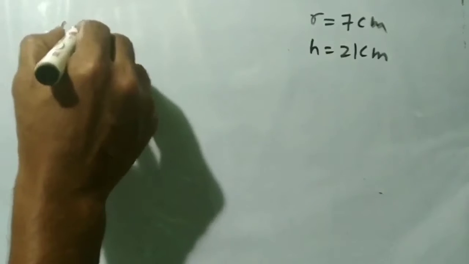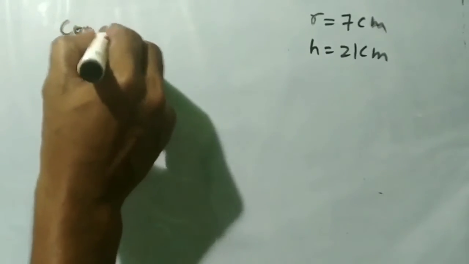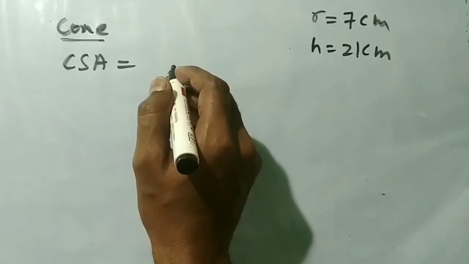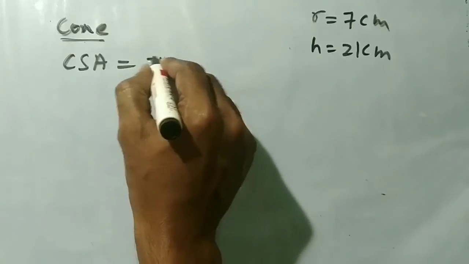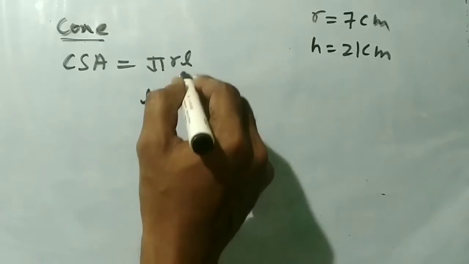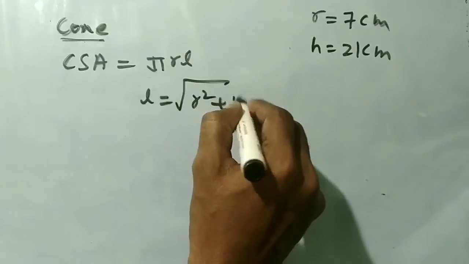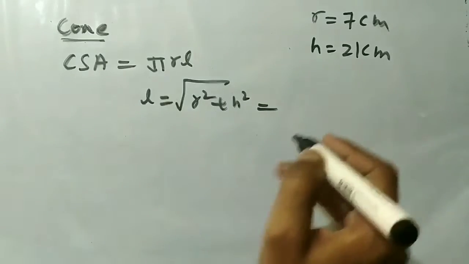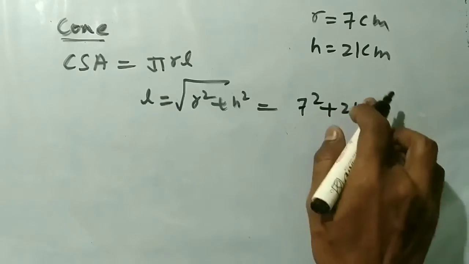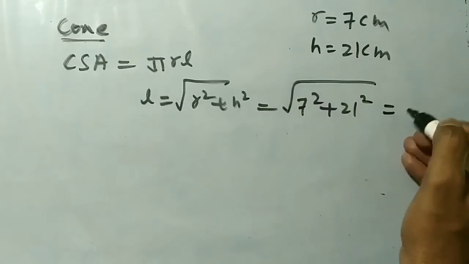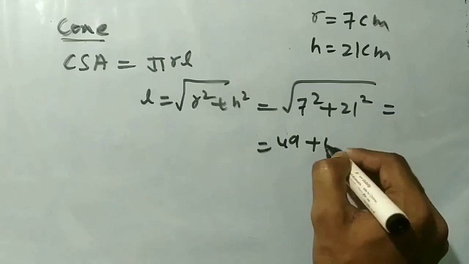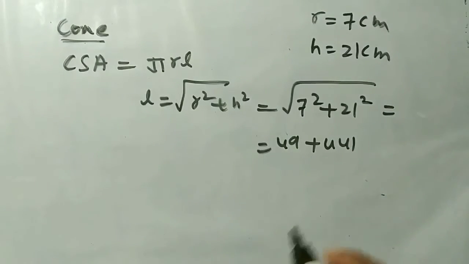So first of all, the cone. The curved surface area, that is CSA, of a cone is equal to pi R L. So we have to find the slant height L, which is under root of R square plus H square, that is 7 square plus 21 square, which is 49 plus 441.